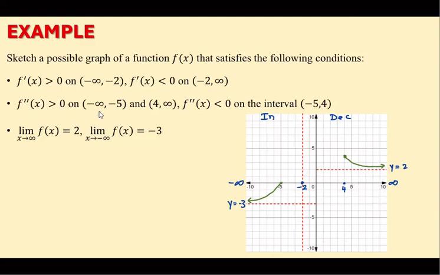Second derivative is greater than zero, that means the graph is concave up from negative infinity up to -5 and 4 up to infinity. Now the next thing we have is second derivative is negative from -5 up to 4. So in between from here to here, second derivative is negative, meaning the graph is concave down.